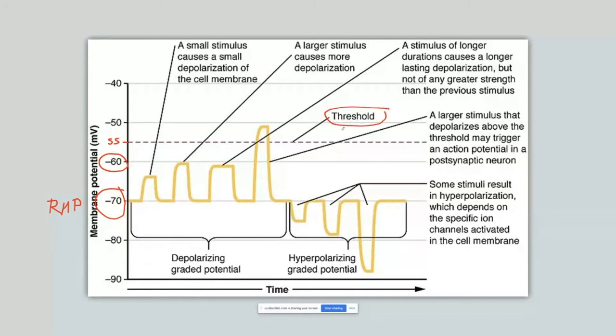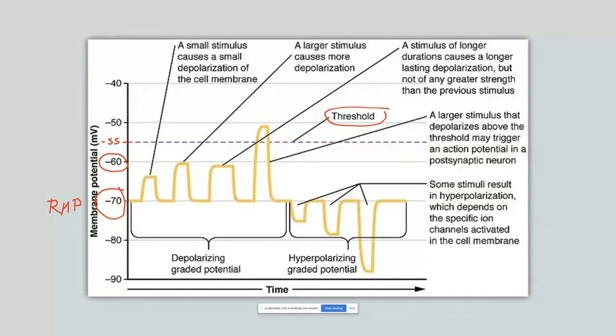This threshold is the voltage at which the axon hillock will initiate an action potential, because in the hillock there are some sodium channels that respond to voltage. That's why they are called voltage-gated sodium channels.